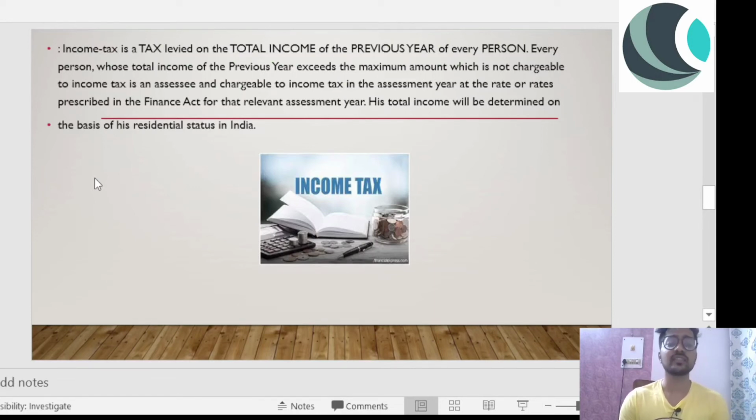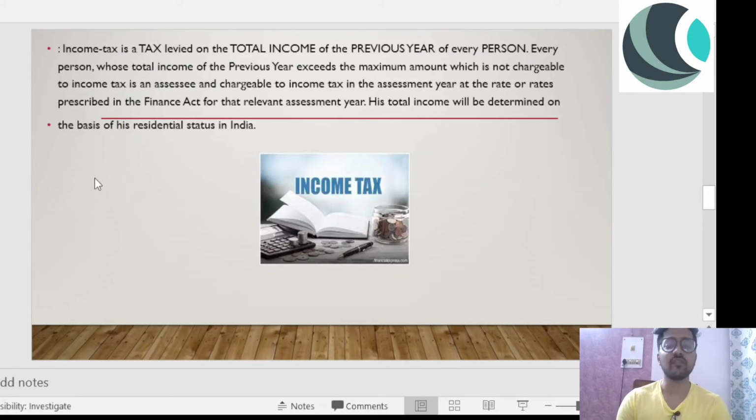So income tax is a tax levied on the total income of the previous year of every person, or every assessee. Assessee would be the better term, not the person. So every person whose total income of the previous year exceeds the maximum amount which is not chargeable to income tax is an assessee. We are talking about the differences between a person and an assessee.